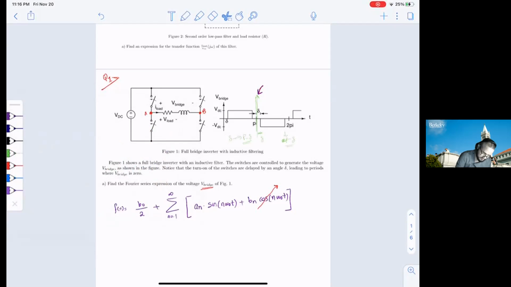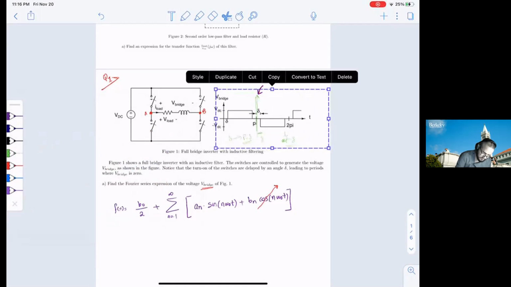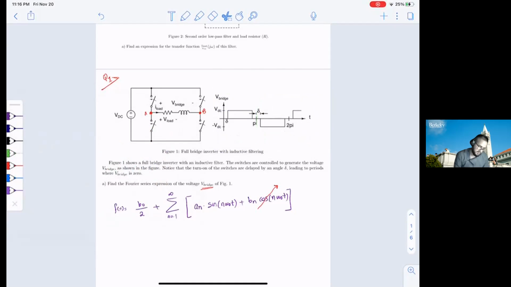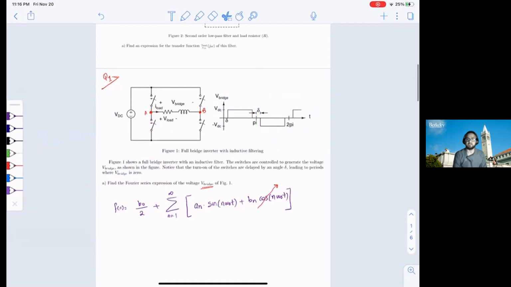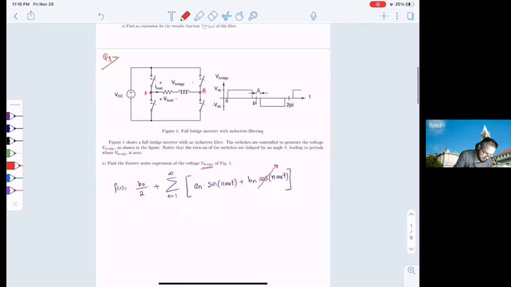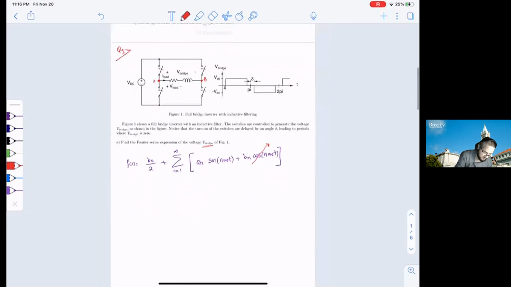Now let me get rid of all of these so I can explain one more property. Another property that I'm going to explain is half-wave symmetry. When a function is half-wave symmetric, it's symmetric by half of its waveform.